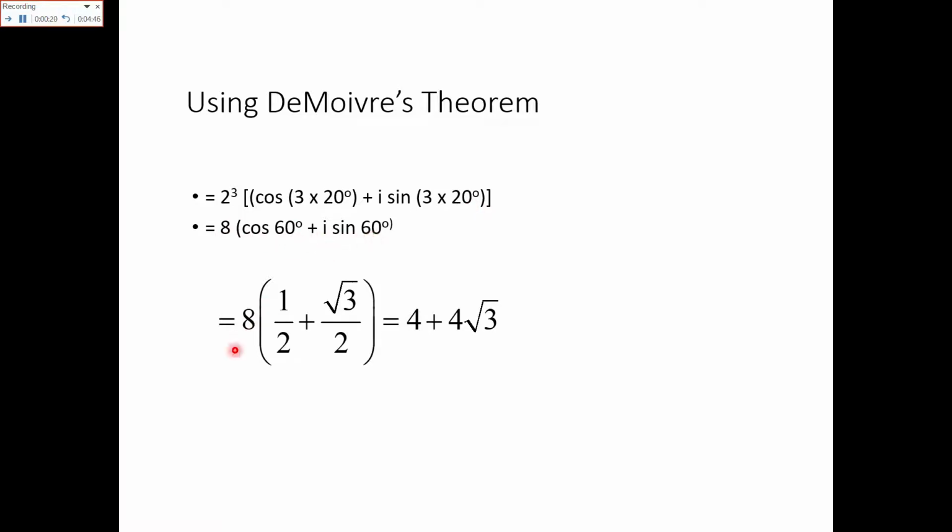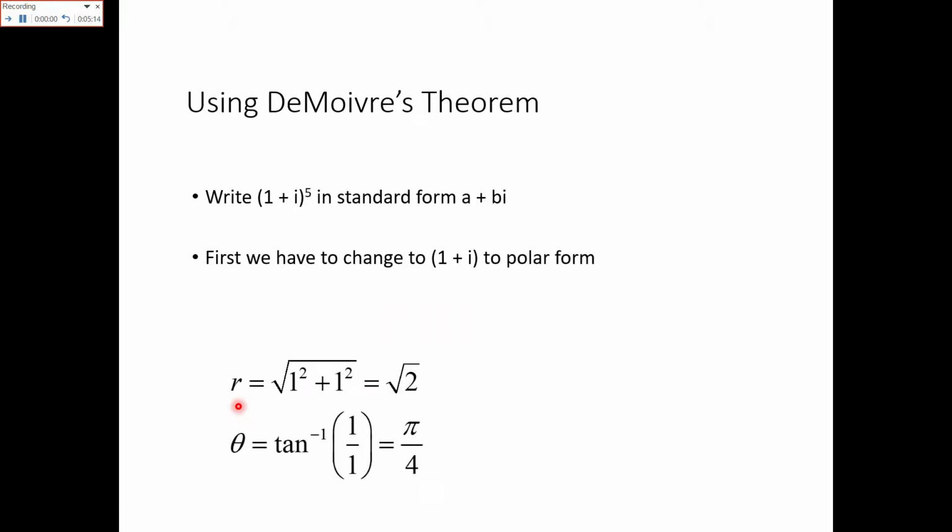So it will become 8 times (1 over 2 plus, here iota is missing, I'll simply write iota, root 3 over 2 times iota). Now 8 times that, so the final answer is 4 plus 4 iota root 3. This is the value that we have obtained after applying De Moivre's theorem to this specific example.